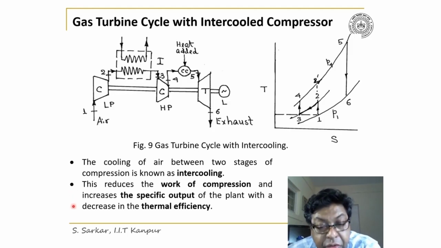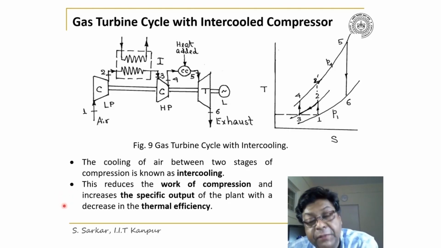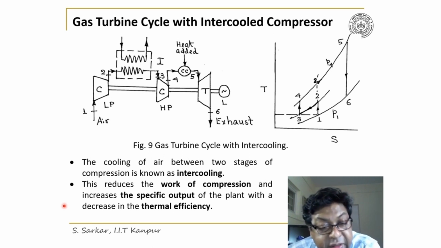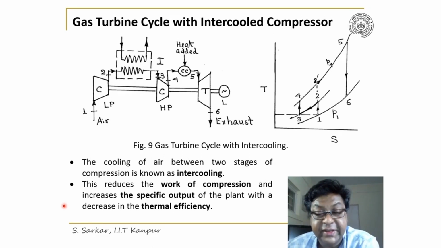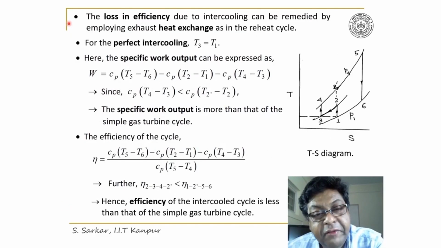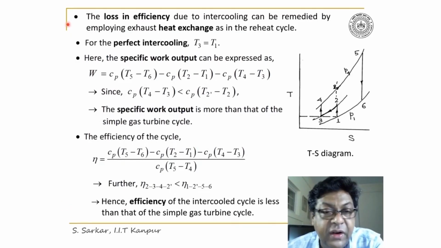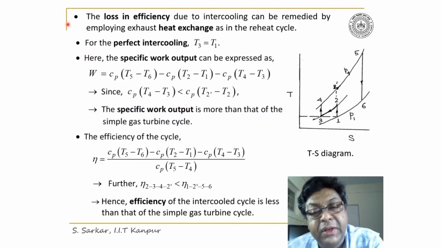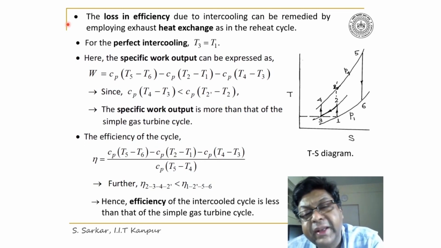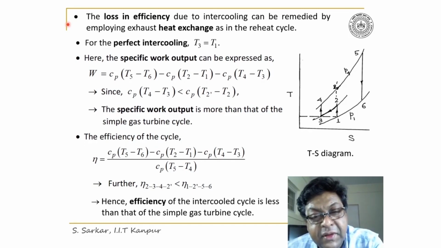So here also, specific work output increases while the thermal efficiency decreases. Further, I'd like to express that the loss in efficiency due to intercooling can be compensated by providing a heat exchanger and thereby utilizing the exhaust heat.